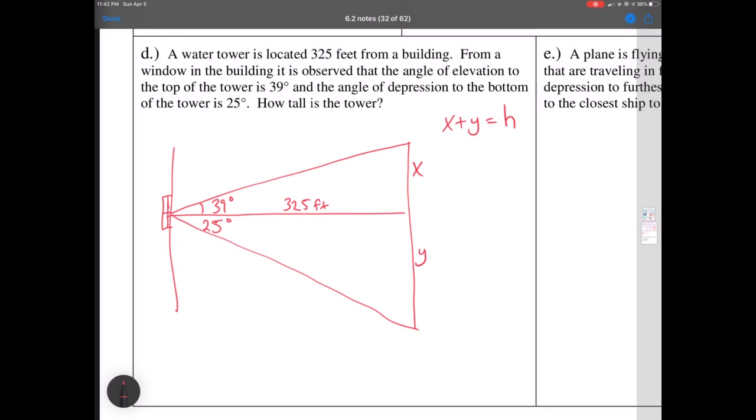So that means we have x over 325. That's opposite over adjacent. So tangent of 39 equals x over 325. And tangent of 25 equals y over 325. So multiply by 325 on both sides.